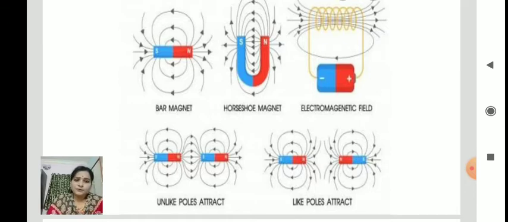Red is the north pole and blue is the south pole, and the magnetic lines are the proper arrangement of the field lines. Those are nothing but the magnetic field lines. So those are shown like this.